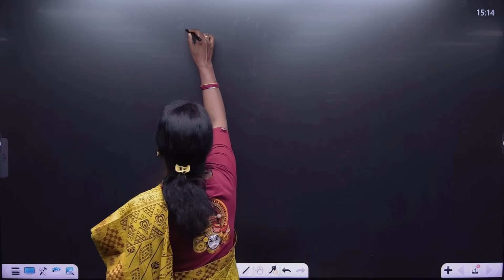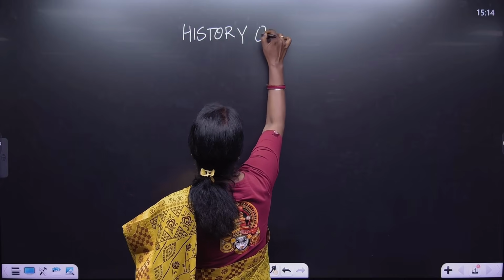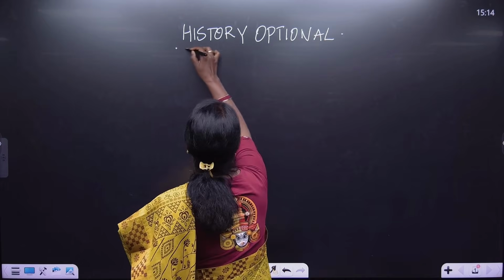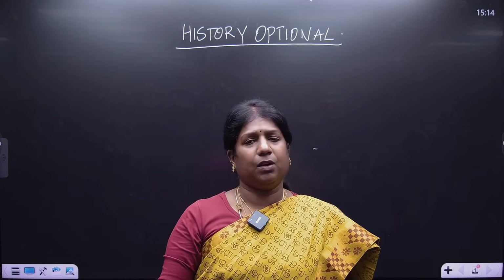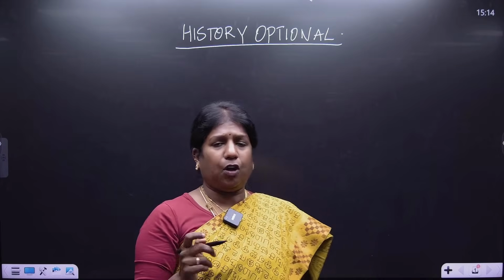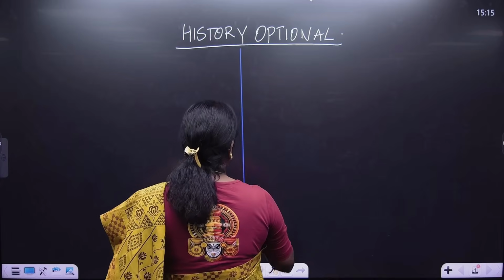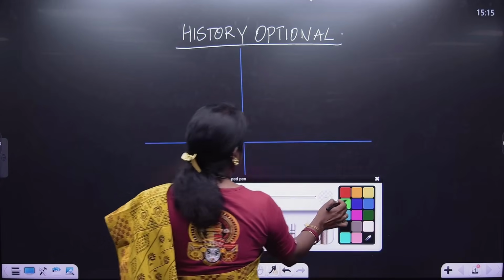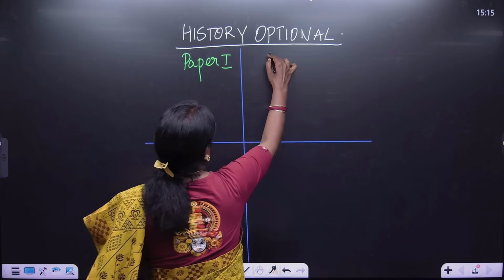So, getting into history as an optional, to give you a small brief, all optionals are equally good. If you look at history optional, we divide it into two papers, paper 1 and paper 2.